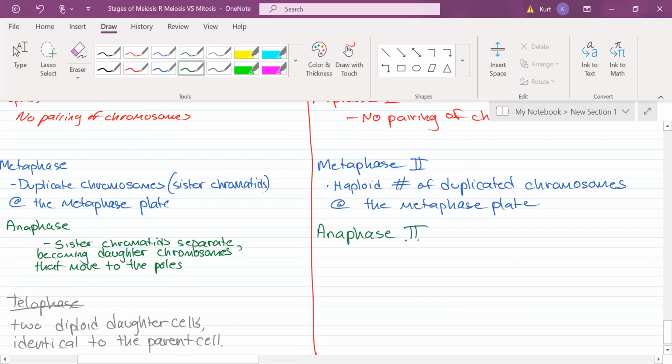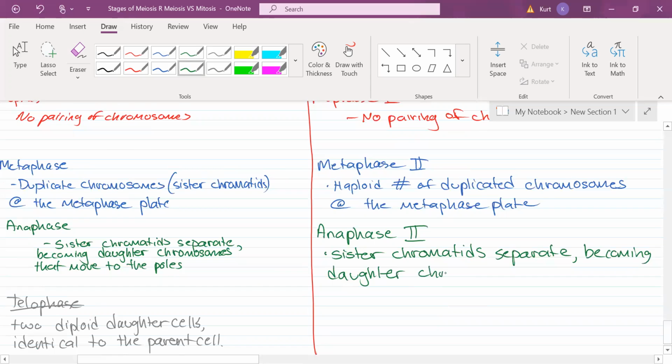Anaphase 2, sister chromatids separate, becoming daughter chromosomes.